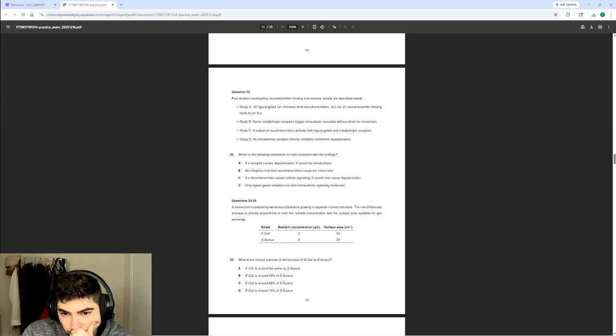Sounds weird, but it says that no receptors that bind neurotransmitters cause ion movement, and it's inferring that some cause ion movement, some don't. Let's rule out B, I guess.